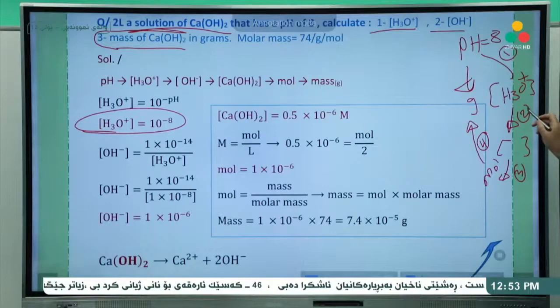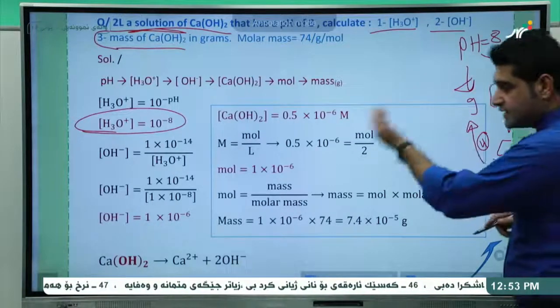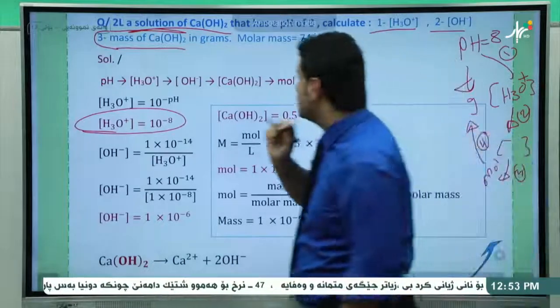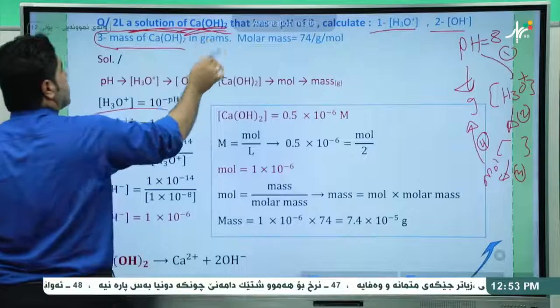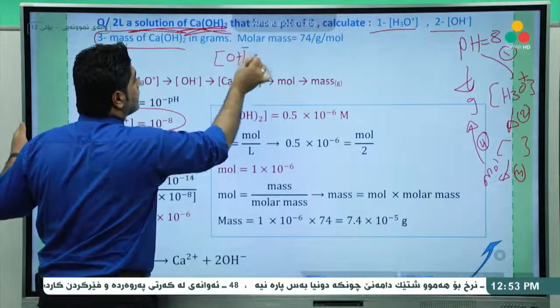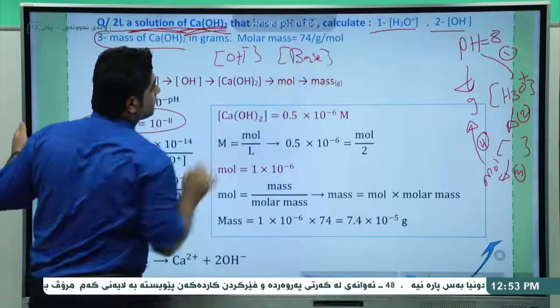So we cannot convert hydronium into concentration immediately. We should convert hydronium into hydroxide, then hydroxide into concentration. Why? Because the compound is a base, so there is a relationship between OH and the concentration of the base.